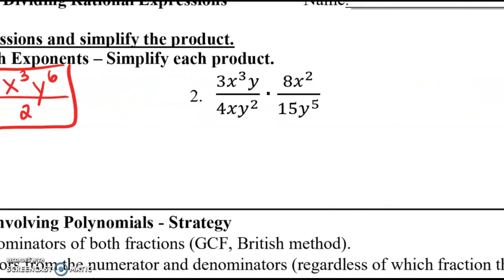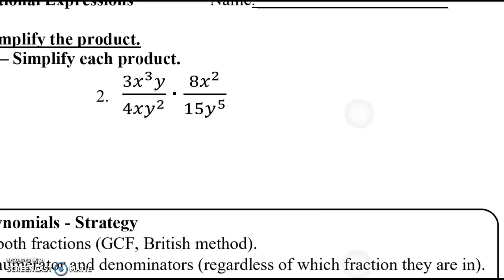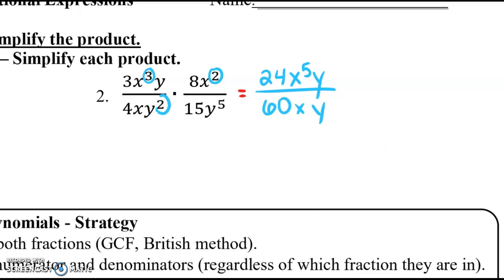All right, looking at the next one, multiplying across gives me 24 x to the 5th y, because when you multiply across, you add exponents. And then 4 times 15 gives me 60. I have 1 x, and I'm adding across: 2 plus 5 gives me 7 y's. Then I'm going to simplify down.